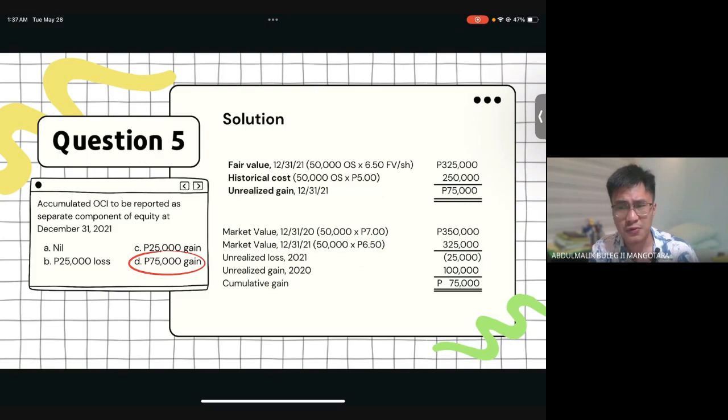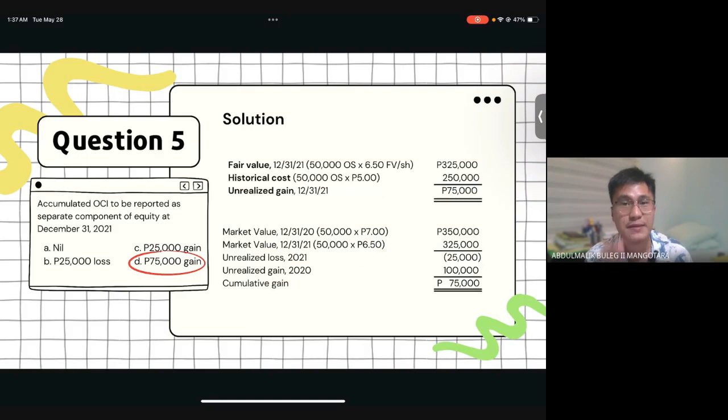For December 31, 2021, the fair value per share is 6.50, resulting in a fair value of 325,000 for the entire investment. The initial investment cost was 250,000 or your historical cost, leading to an unrealized gain of 75,000 pesos for 2021.